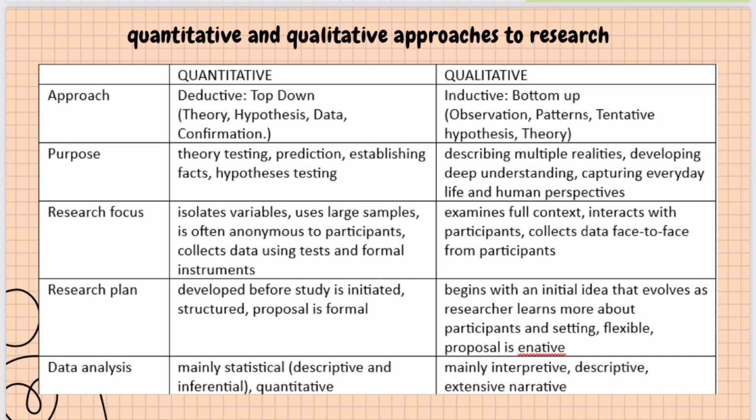And now the comparison between quantitative and qualitative approaches to research. So, the first one is the approach. In quantitative, the approach is deductive, top-down. Top-down is when you understand something first, and then you create a result from your thinking: from theory first, then you make a hypothesis, then collect data, and then confirmation.